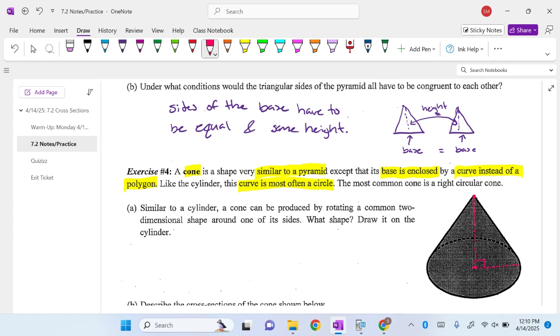So if I rotated the rectangle on its side, it would form this cylinder. But what about a cone? You're looking at it straight on. What shape do you see? A triangle. So if I rotate a triangle on its side, it would form that cone. It'll form the circle that makes up the cone. So instead of a rectangle rotating on its side for a cone, we have a triangle that rotates on its side.